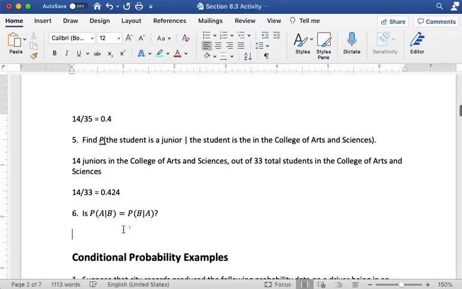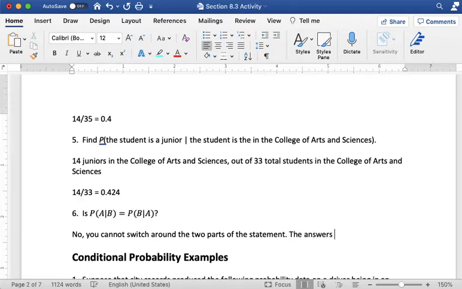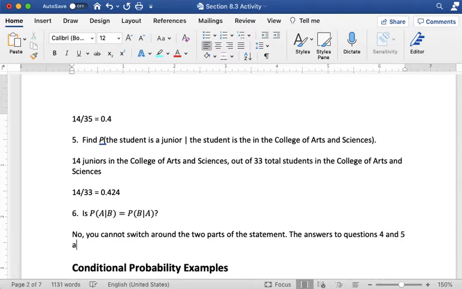So the answer to this is no. You cannot switch around the two parts of the statement. The answers to questions 4 and 5 are not the same. So we have found a counterexample here that shows that probability of A given B is not equal to probability of B given A.